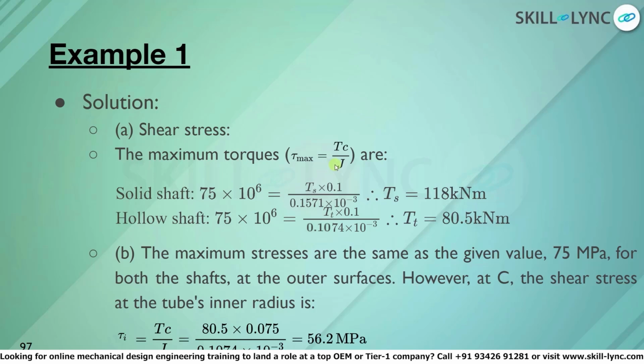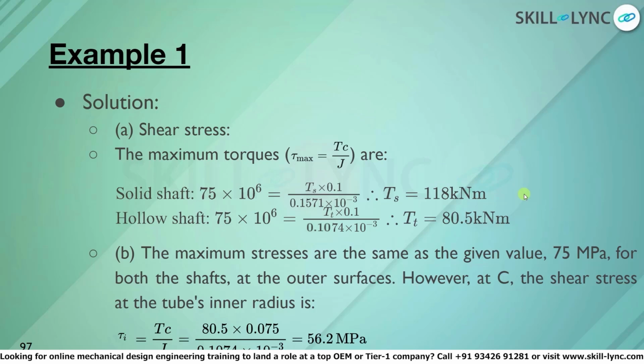If we substitute the values of the radial distance and polar moment of inertia for the solid shaft in this formula, we get the torque of the solid shaft, which is 118 kilonewton meter. Similarly, if we substitute the associated values for the hollow shaft, we get T_h, which is equal to 80.5 kilonewton meter. Now, we need to keep in mind that kilonewton meter is the unit of torque.